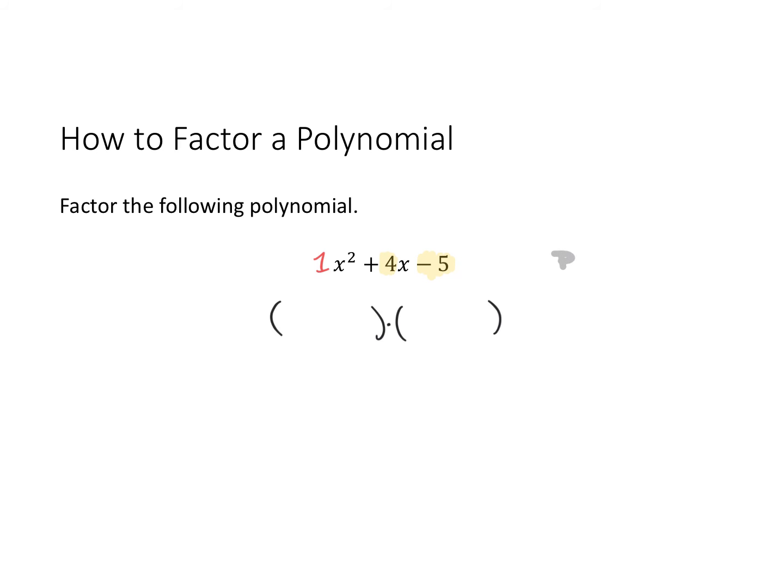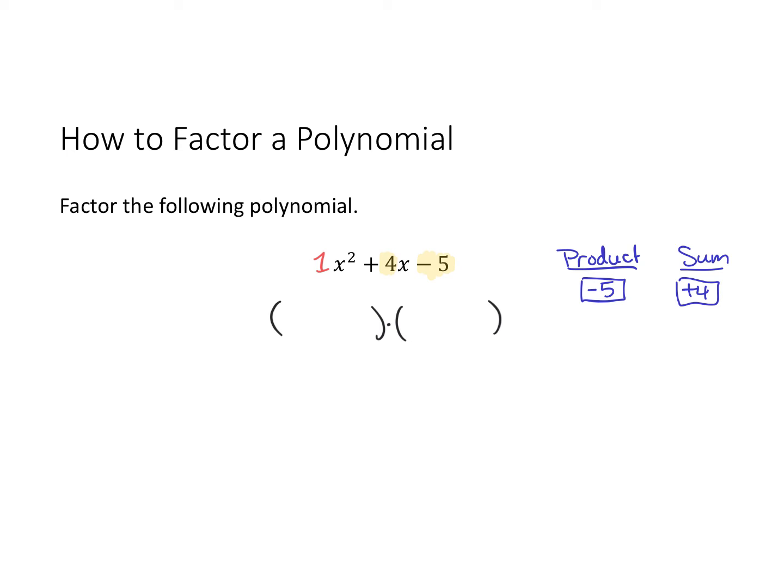So we're looking for the factors of negative 5. So what two numbers, when we multiply them together, give us negative 5, but when we add them, give us a sum of positive 4?